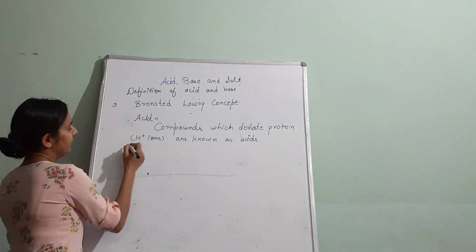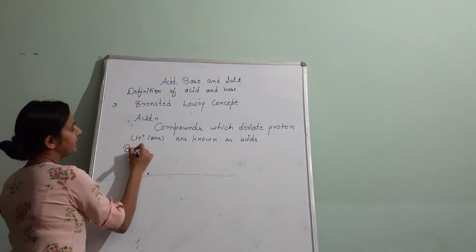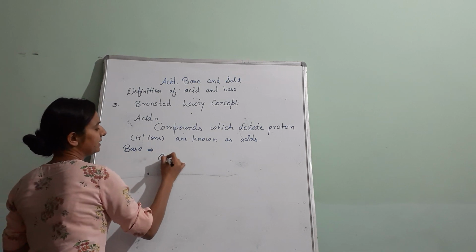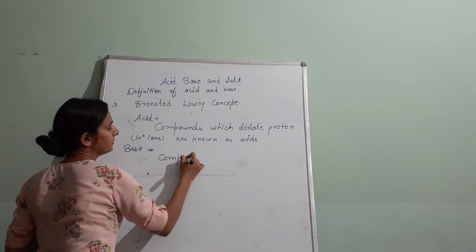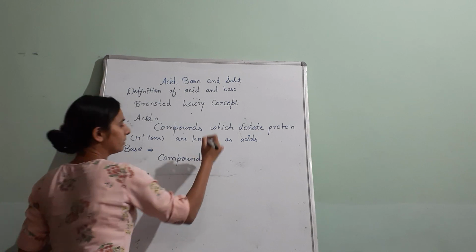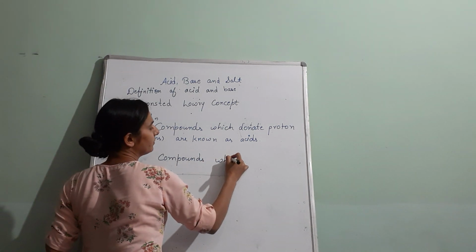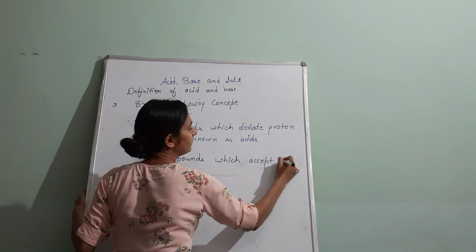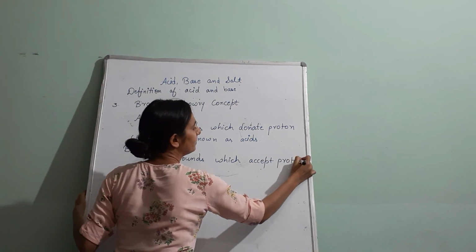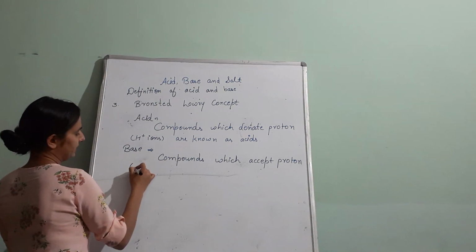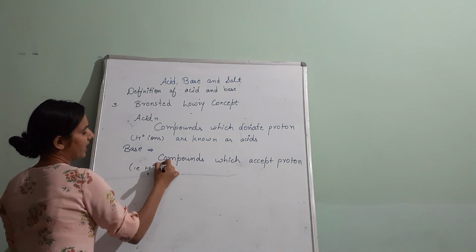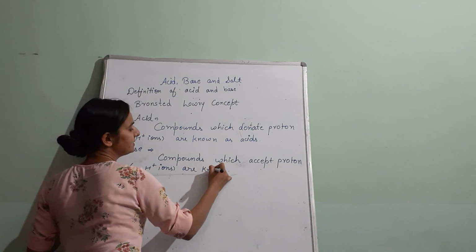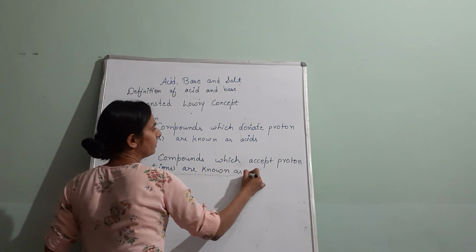Clear? Next, according to Bronsted-Lowry concept, base is defined as compounds which accept proton, that is H positive ions, are known as base.